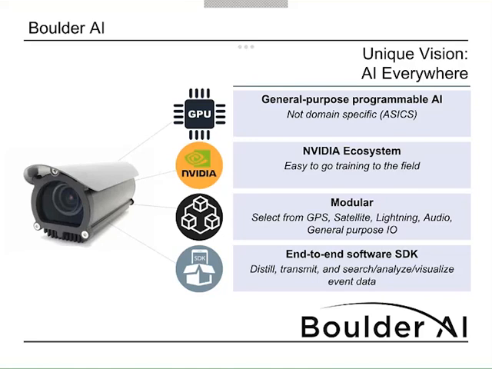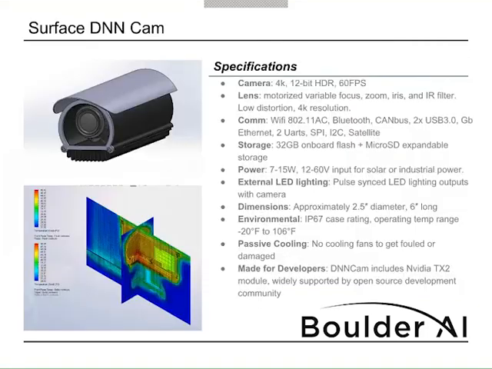We've also developed a system that's really modular, allowing us to plug in GPS, satellite, and lighting modules, and also an SDK that makes the processing and analysis of data much easier. So imagine being able to take the video data, process it with any black box algorithm, and push that result up to the cloud as easily as possible.